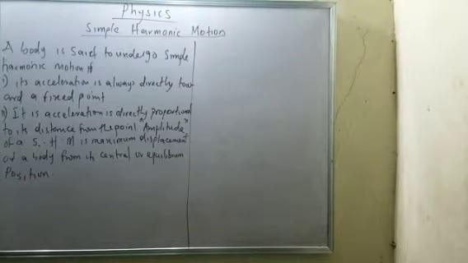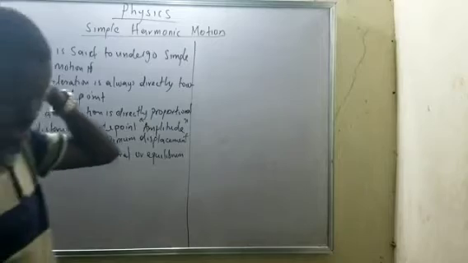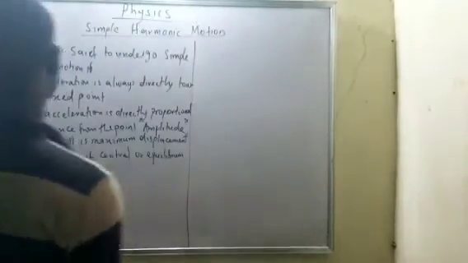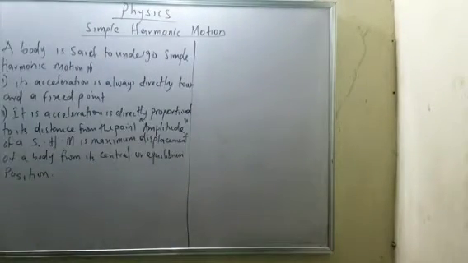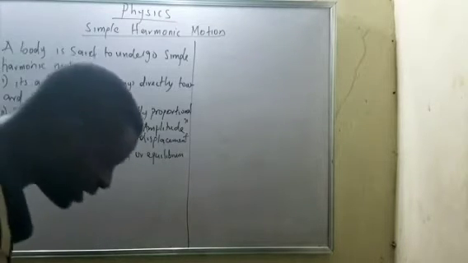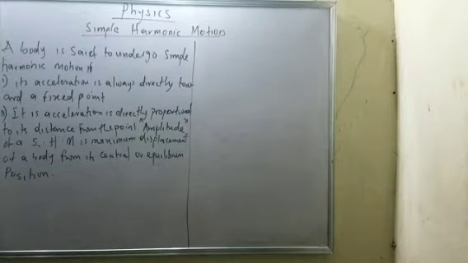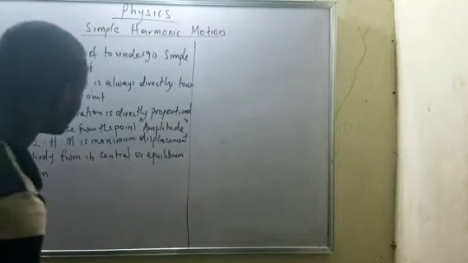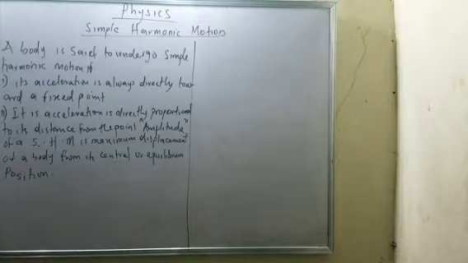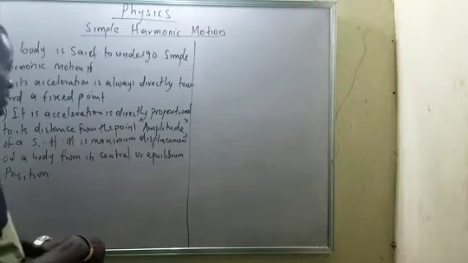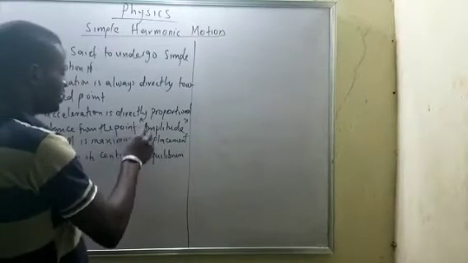Now, that is what I'm trying to explain. These two conditions are attributes of what? Simple harmonic motion. The first one is its acceleration is always directed towards a fixed point. That is the first thing. The second one, its acceleration is always directly proportional to its distance from the point.